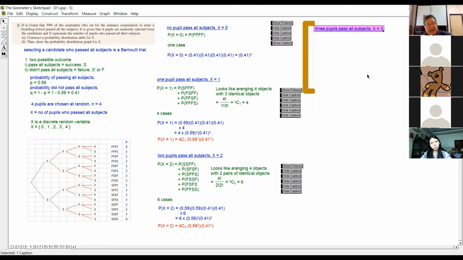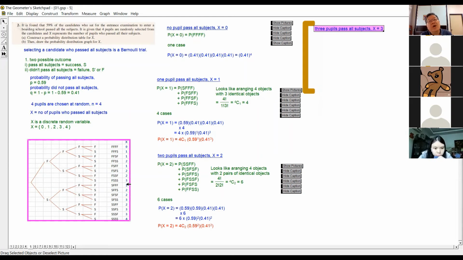Altogether, how many possible outcomes with 3 success and 1 failure? With 3 success, automatically there is 1 failure. How many are there altogether? How many possible outcomes with x equals to 3? You can always refer to the table here to count.